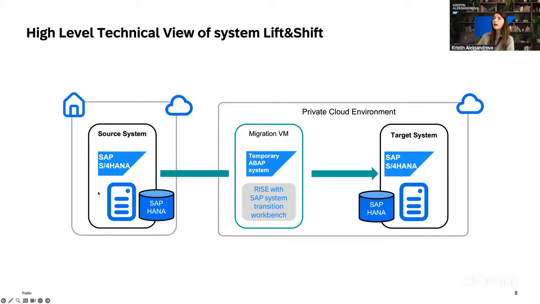We will set up, for example, here the source system side. We will do the connectivity onto source and target via RFCs and SQL. So like a user, we will check the systems, we will orchestrate the procedure. Importantly, even in the lift and shift case, you will still have this migration server and we will install a temporary ABAP system on this server.